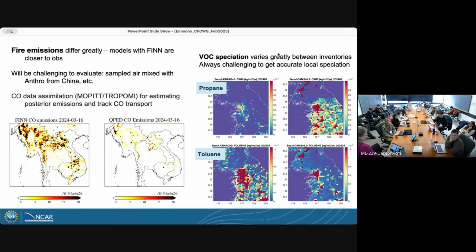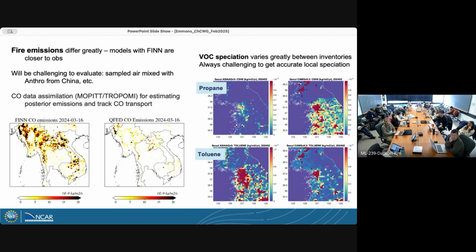Another aspect of the emission inventories is understanding the VOC speciation, and we really don't have a lot of information on that. Usually emission inventories just provide total non-methane VOCs, and we have to figure out a way to split them up. On the left panels here is an inventory created by a group in Korea for the field campaign, and on the right is the CAMS inventory from Copernicus that we frequently use.